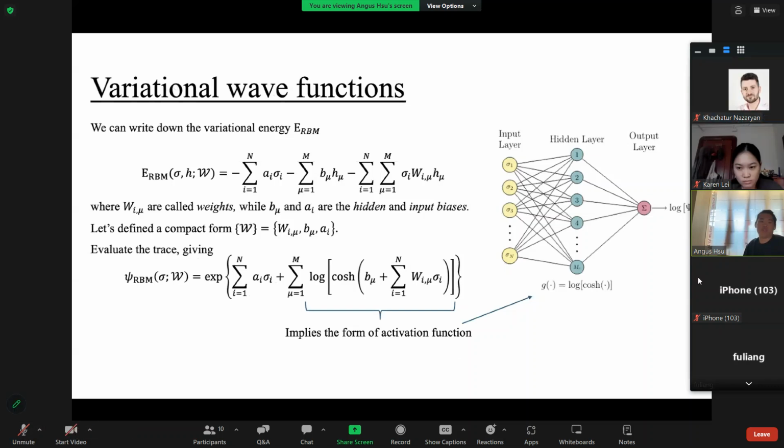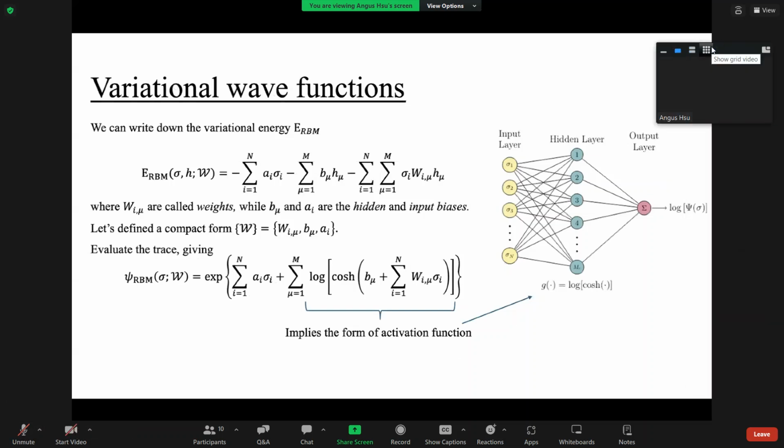The traditional way is to have an RBM. An RBM is nothing but you take your input, add a bias to it, and then feed it into your hidden layer with another bias. So you can write down the variational energy of the RBM in the following way.